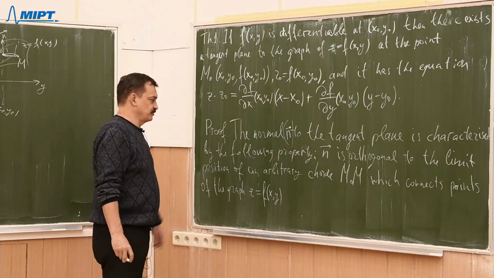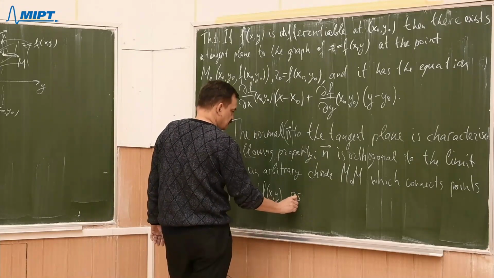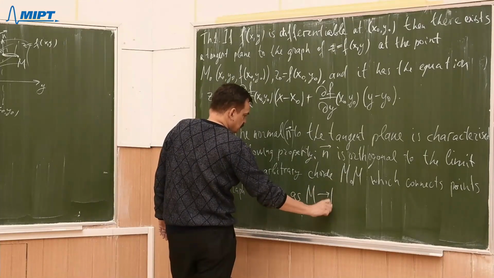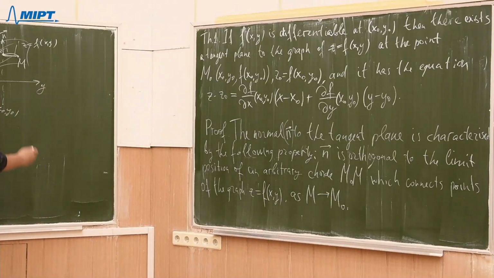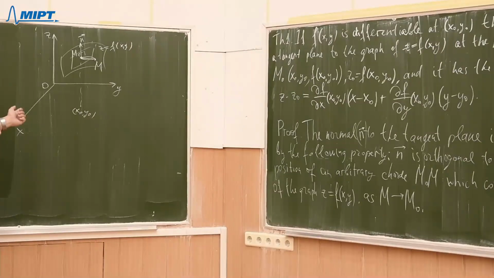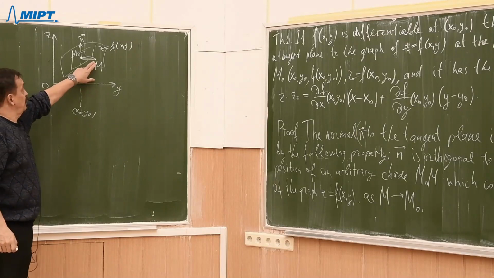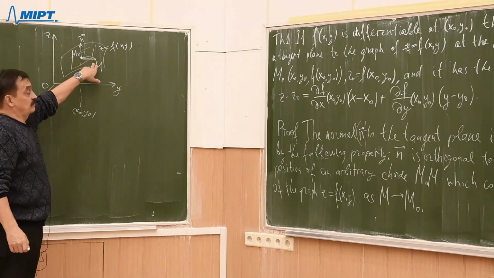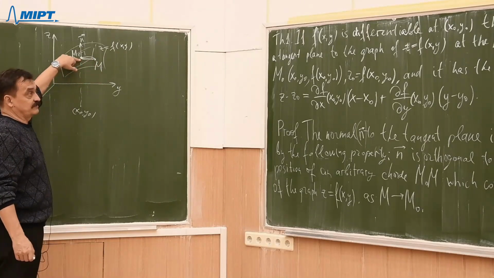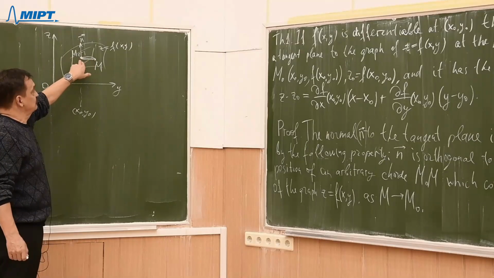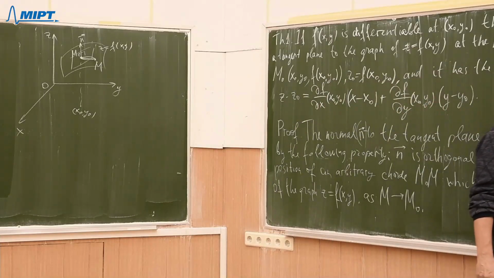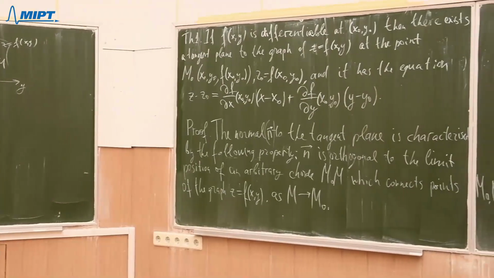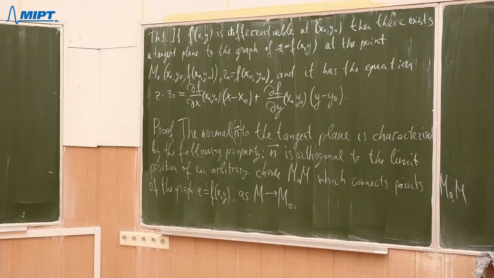So the limit position is as M tends to M naught. That is what I tried to draw on the picture here. We have M on the graph. M naught is a fixed point, so M tends to M naught, and the limit position of our chord should be orthogonal to the normal vector.